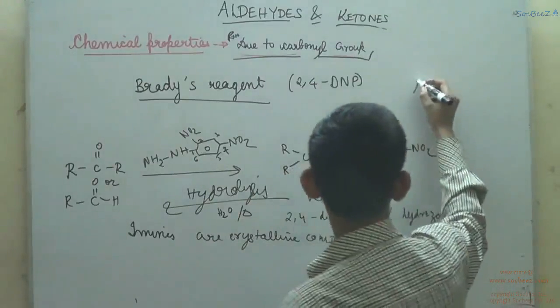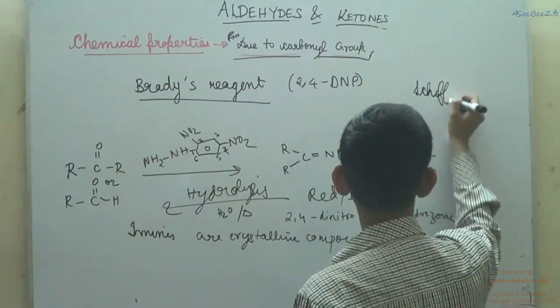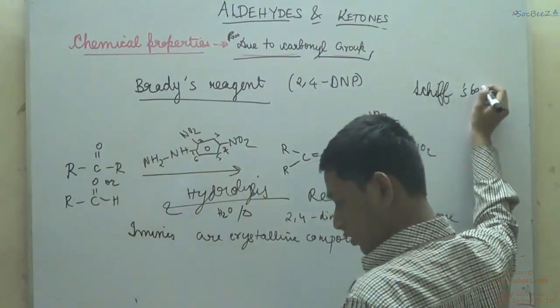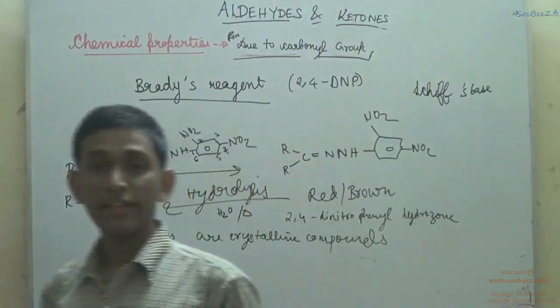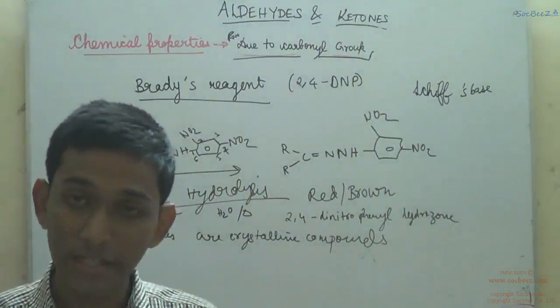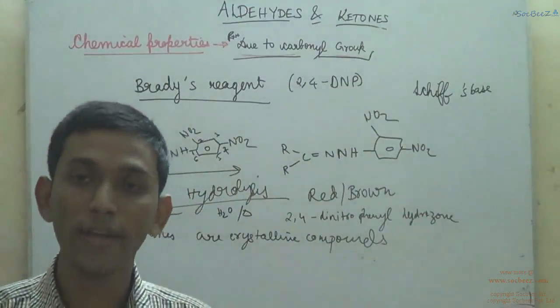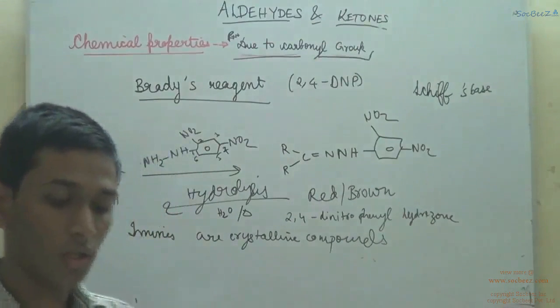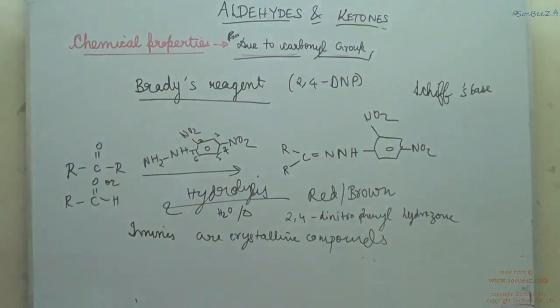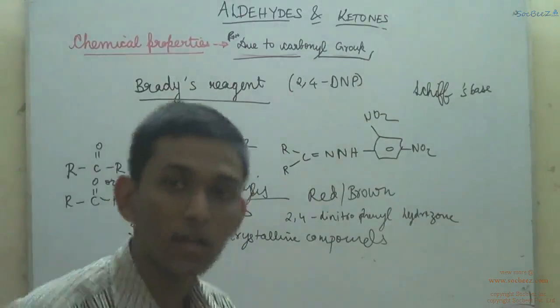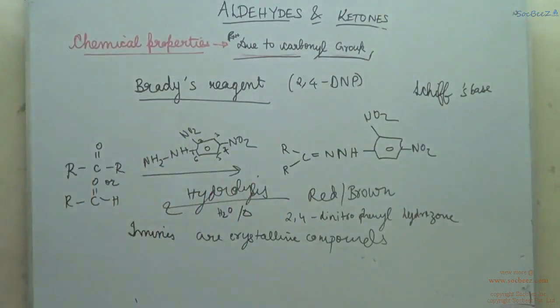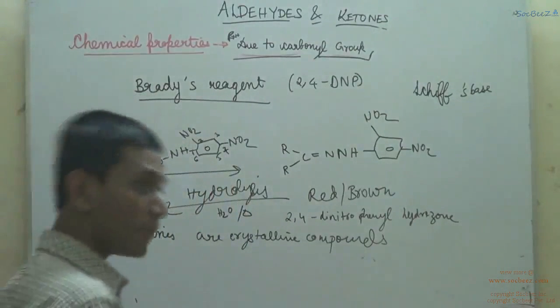This imine is also called a Schiff's base, and when Schiff's reagent is added to an aldehyde or ketone, you get a Schiff's base. Schiff's base is basically pink color.